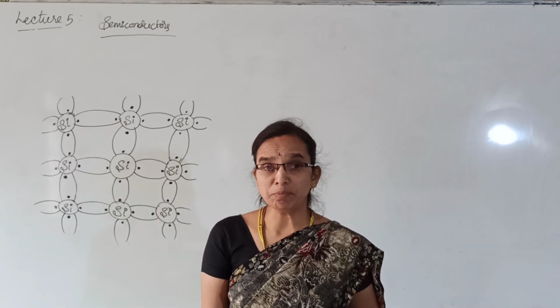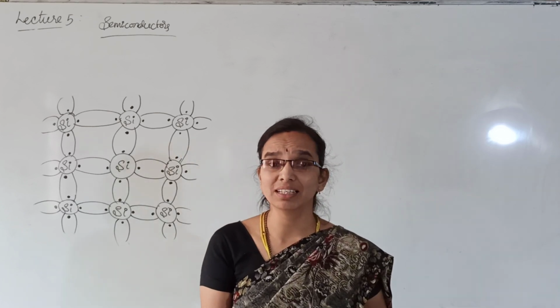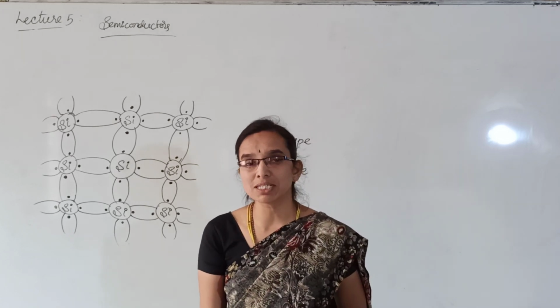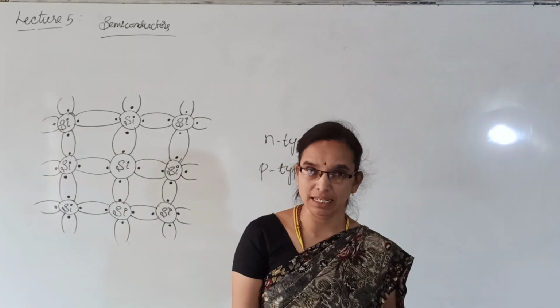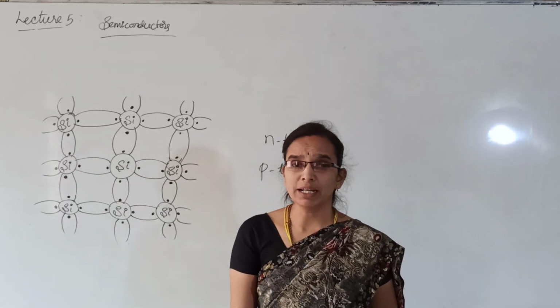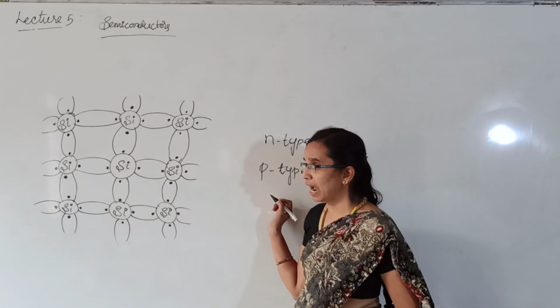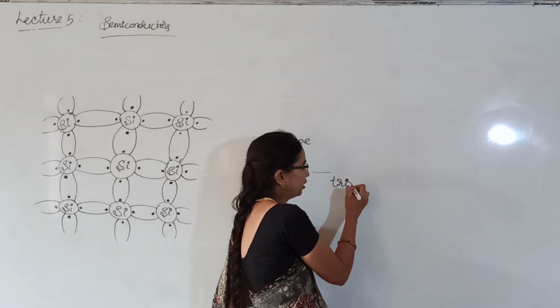Then, what do you mean by P-type semiconductors? If you add pentavalent impurity, you will get N-type semiconductors. In N-type semiconductors, electrons are the majority charge carriers, holes are the minority charge carriers. In P-type semiconductors will be obtained by adding trivalent impurity.